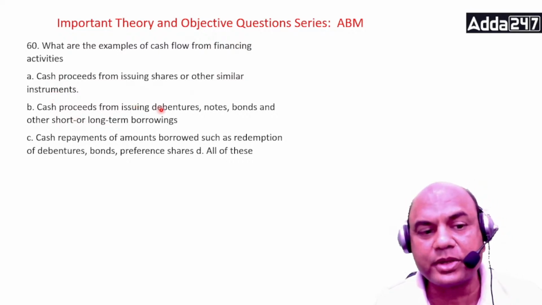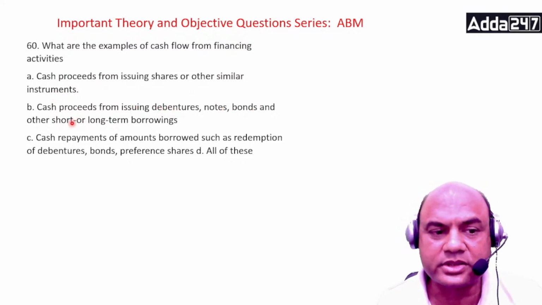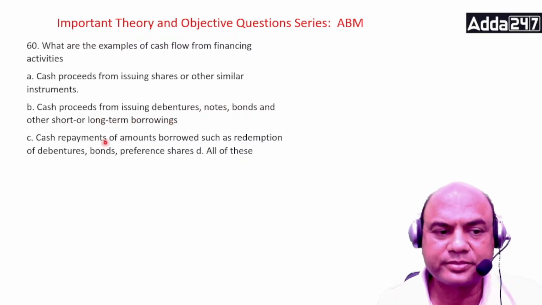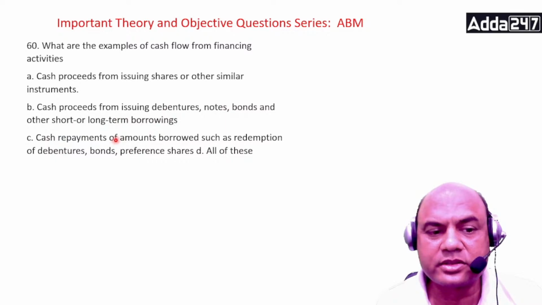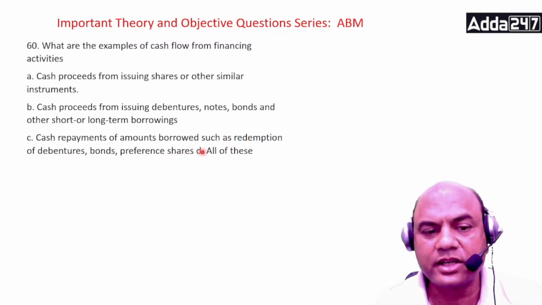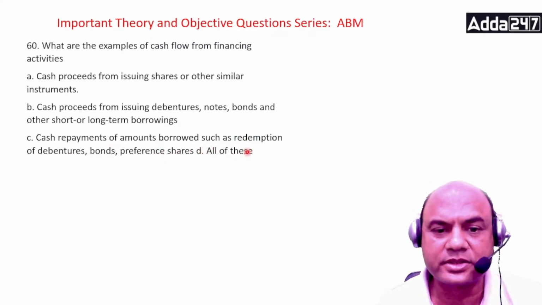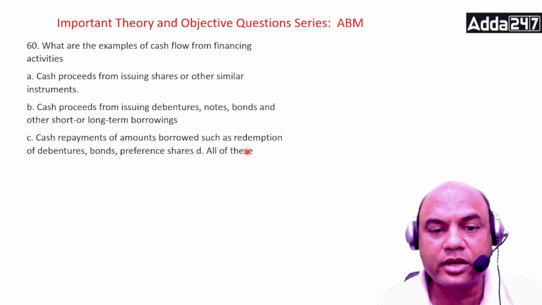Cash proceeds from issuing debentures, notes, bonds, and other short-term or long-term borrowings. Cash payments of amounts borrowed, such as redemption of debentures, bonds, preference shares, and all of these. All of these. So which one of them is the example of cash flow from financing activities?